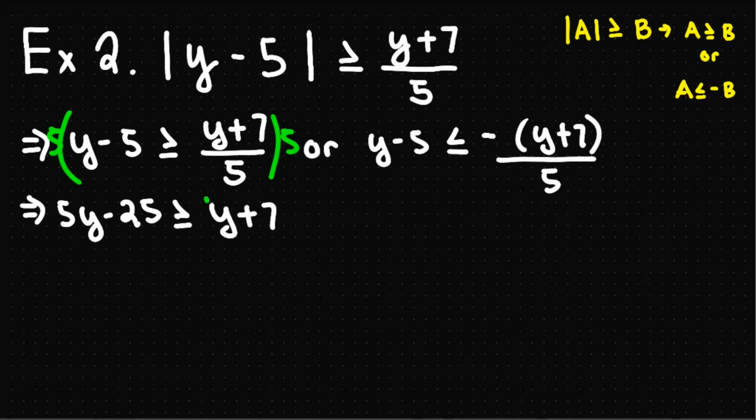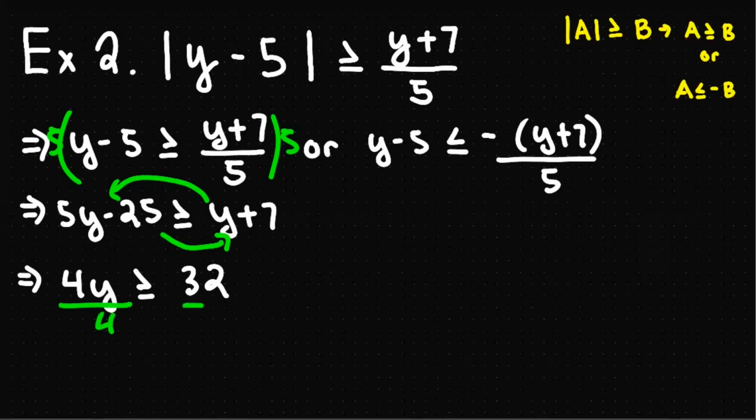Now, moving y to the left and negative 25 to the right, we have 4y is greater than or equal to 25 plus 7, that will be 32. Lastly, we divide both sides by 4 to obtain y is greater than or equal to 8.